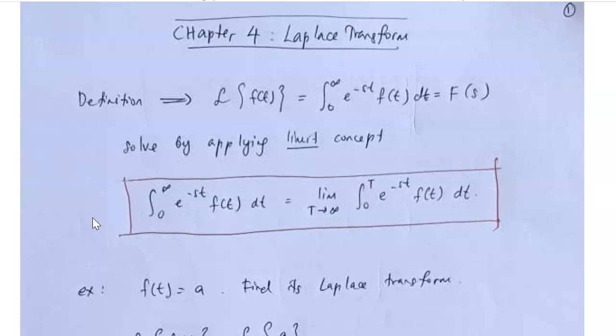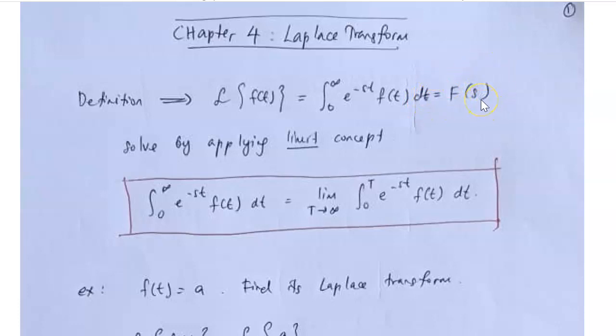Okay. Laplace kita akan wakili dia dengan huruf L macam ni. Laplace transform of a function f(t) equals, this is the definition, integration from 0 to infinity e^(-st) f(t) dt equals F(s).